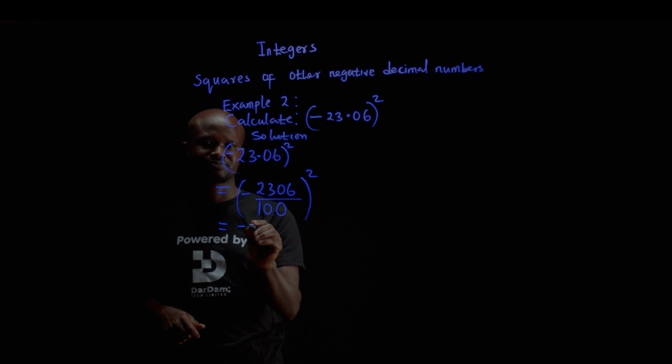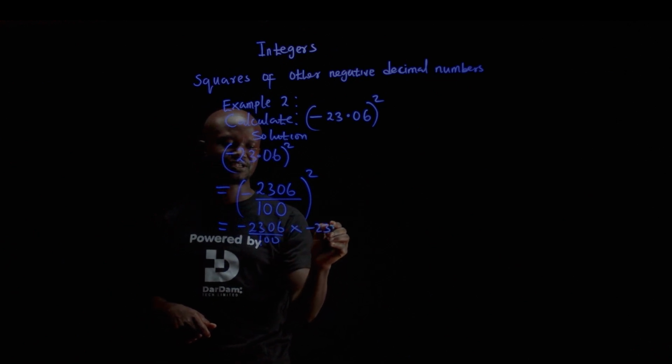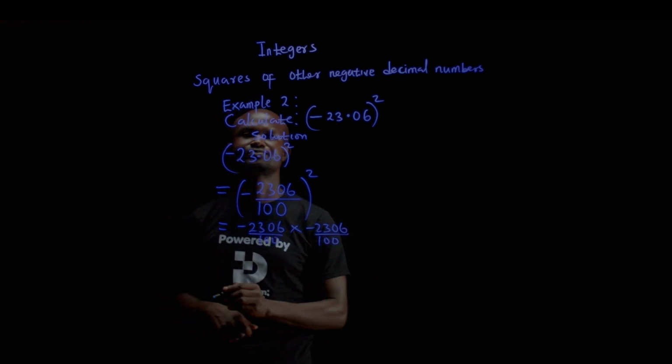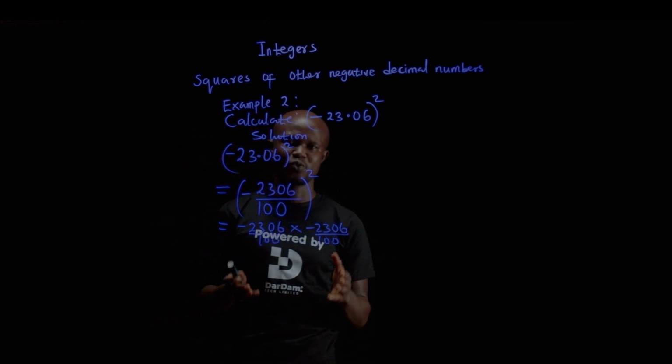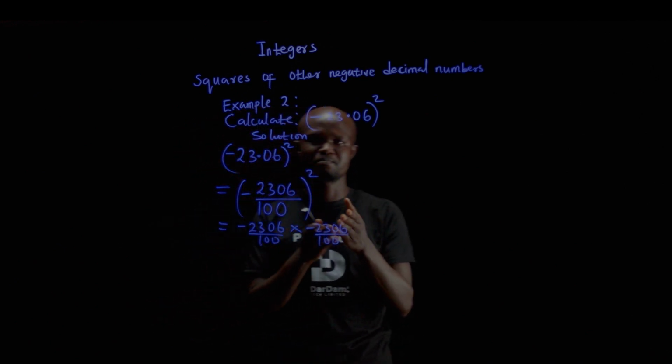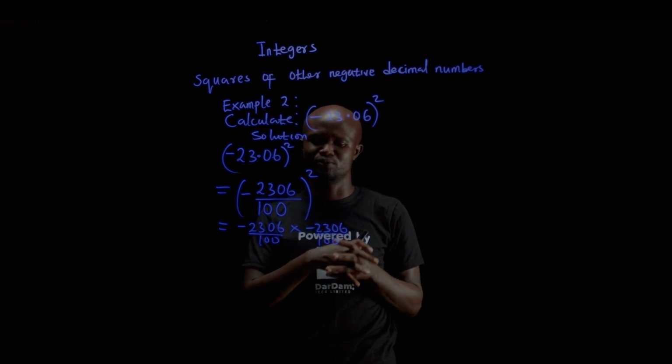Minus 2306 divided by 100 times minus 2306 divided by what? 100. And don't forget, while multiplying, numerator multiply numerator and denominator multiply denominator.